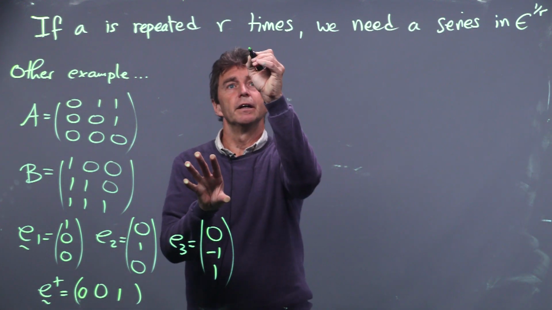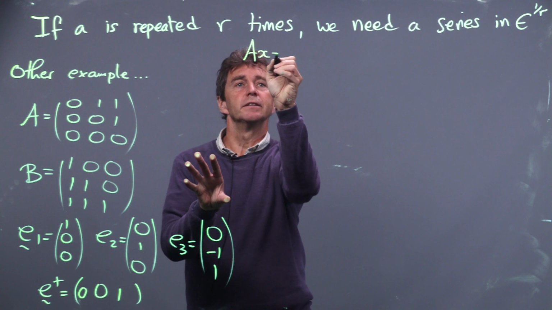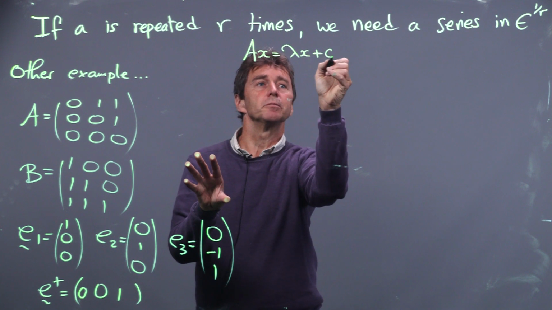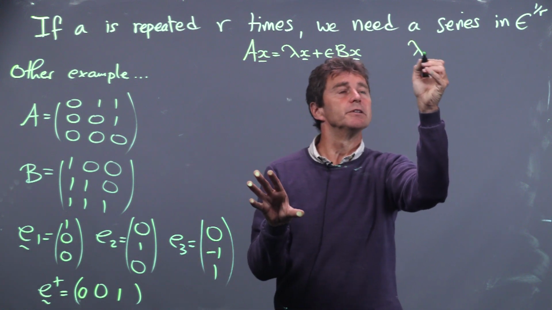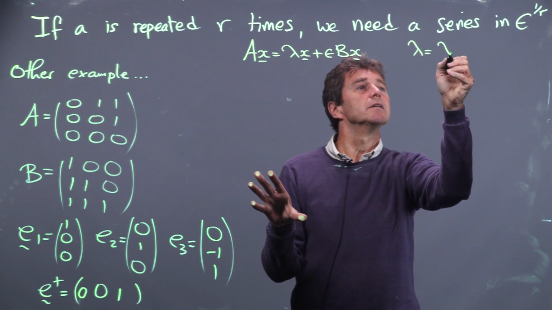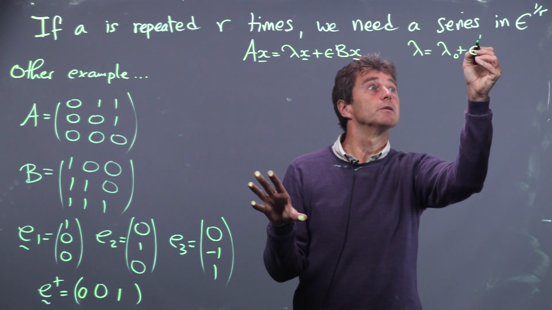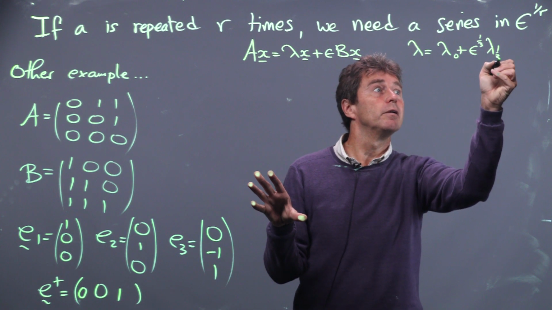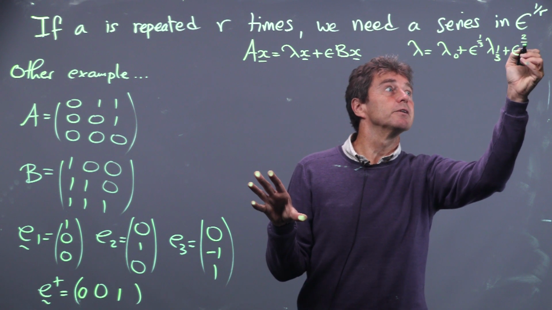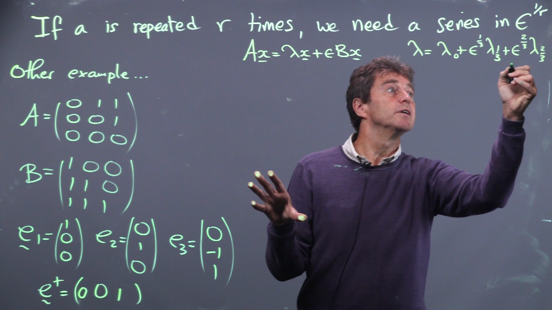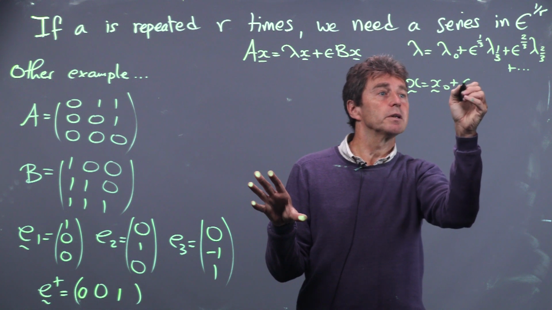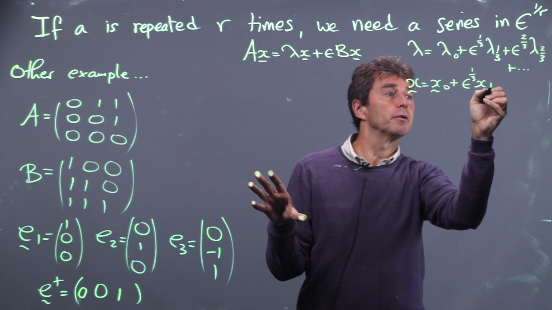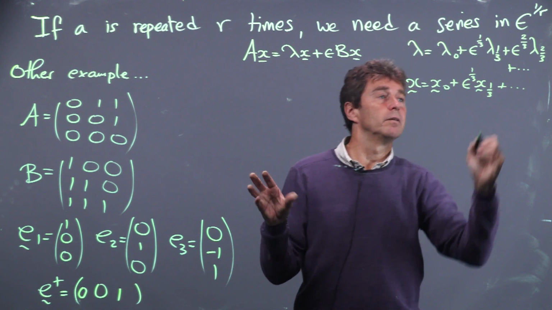So we're going to say that we have Ax equals lambda x plus epsilon Bx. We're now going to introduce the expansion. Lambda is lambda naught plus epsilon to the 1/3 lambda 1/3, plus epsilon to the 2/3 lambda 2/3, and so on. And similarly, x is x naught plus epsilon to the 1/3 x 1/3, and so on.